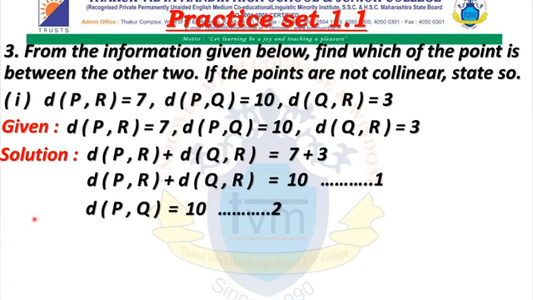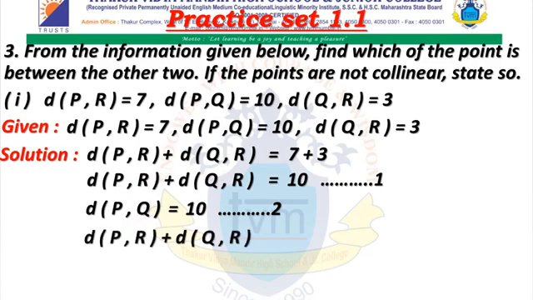Right hand side of equation 1 is 10 and right hand side of equation 2 is also 10. It means the right hand sides of both the equations are equal, and we know that if the right hand sides of any two equations are equal, then their left hand sides will also be equal to each other.